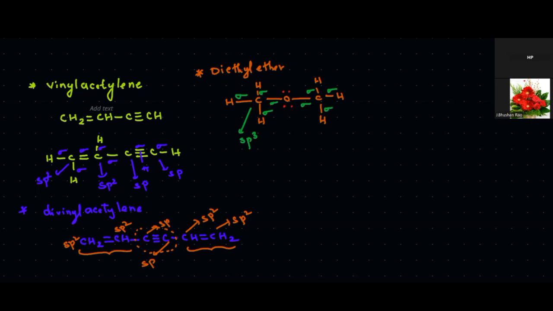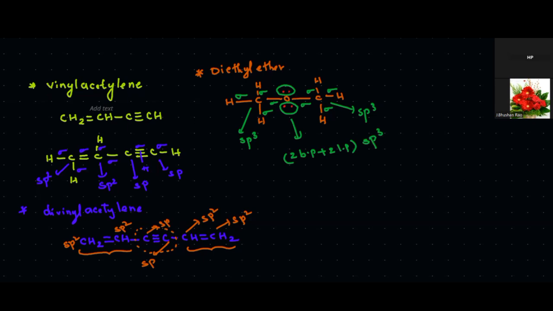The two carbon atoms are attached to one oxygen. This one has one lone pair, this is another lone pair. So for the oxygen atom, two sigma bonds means two bond pairs, plus two lone pairs. Bond pairs plus lone pairs sum is totally 4, so oxygen hybridization is also sp3.